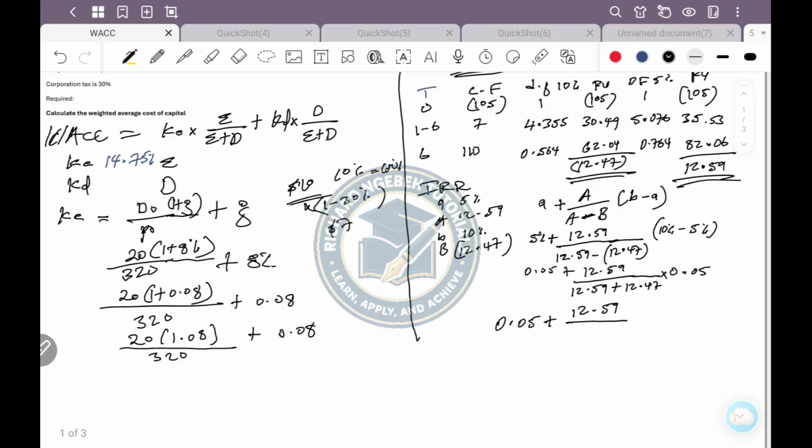This one will give you 25.06, multiplied by 0.05. So when you divide 12.59 by 25.06, you still have 0.05.